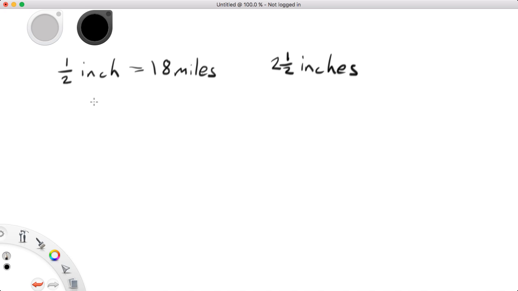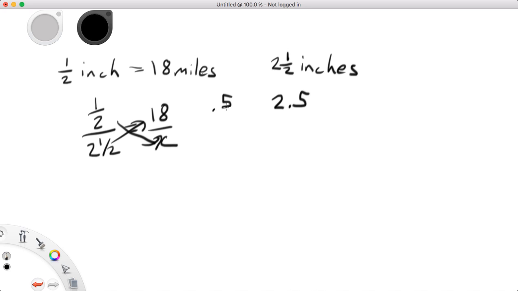You would do something like 1/2 over 2.5 is equal to 18 over x, and then you would do your cross multiplying and stuff like that. But we really don't have to do that, because if you look at 1/2 of an inch, which is the same as 0.5 inches, and you look at that relationship between 1/2 an inch and 2.5 inches, you'll see that it's just the same.